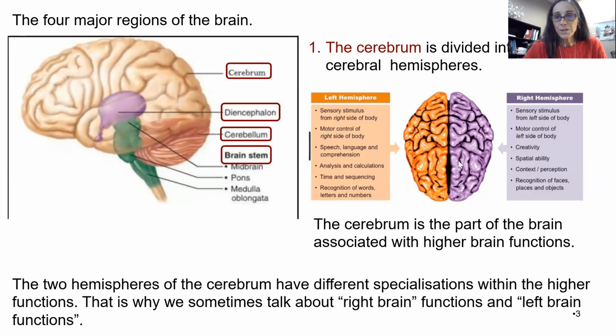You have a right hemisphere that dictates more of the sensory stimulus from the left side of the body. It crisscrosses. Motor control of the left side. It is in charge of creativity and spatial ability. Also perception. Perception refers to knowing where you are in space and time.